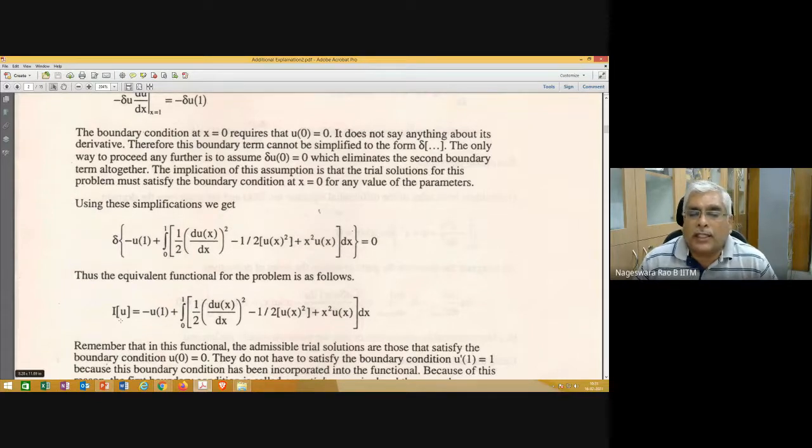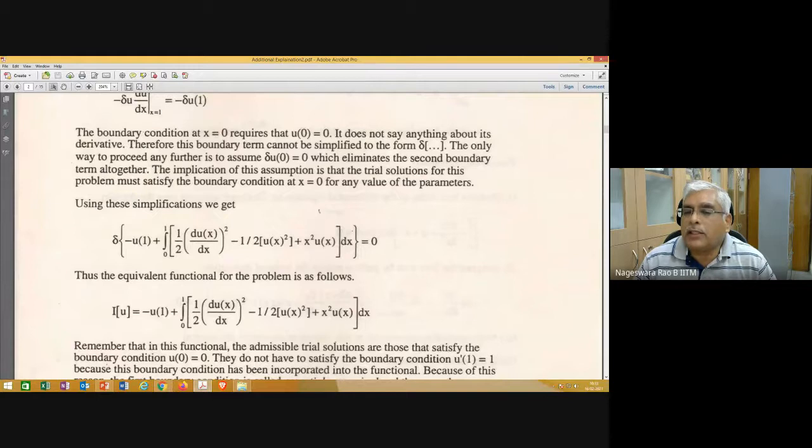So now let's say this equivalent functional is given to you. What is the first step? The first step is to apply the variation operator on this functional. That is how this step is applied. I'm going in the backward direction.